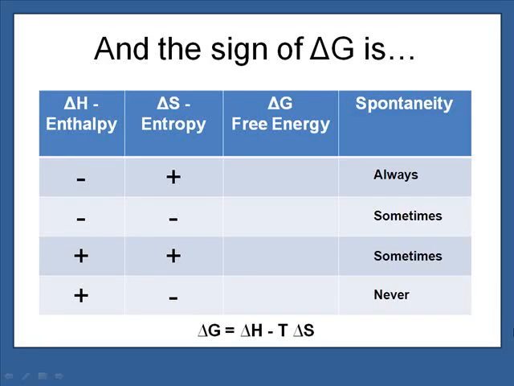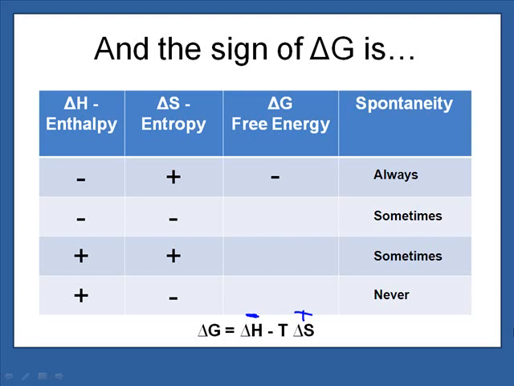So let's go back and expand on our chart. We've already said that if it's a negative enthalpy and a positive entropy, it'll always be spontaneous. So let's consider here, if we plug in a negative delta H and a positive delta S, according to the equation it's negative minus a positive, that will always give us a negative value for our delta G. So whenever we start plugging in numbers here, if delta G gives us a negative number, that means that it's always spontaneous.